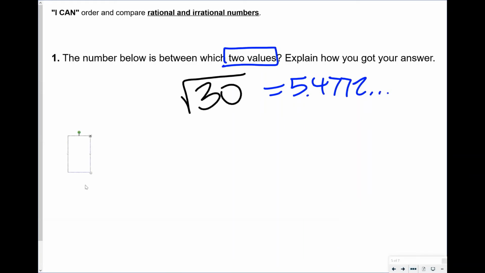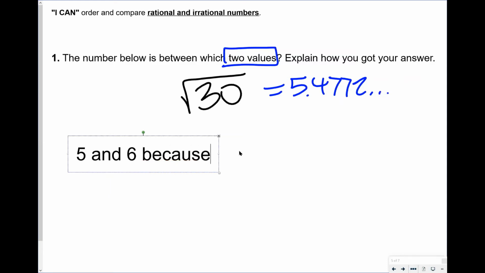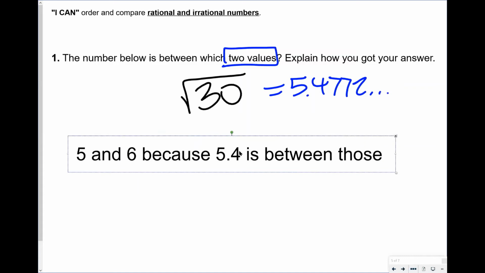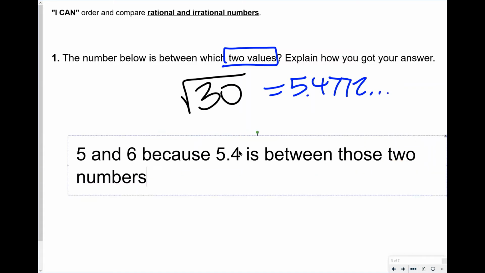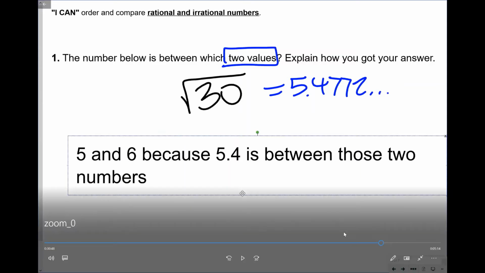So it is between, since the square root of 30 is 5.47, it obviously has to be between the numbers 5 and 6, because 5.4, as we have up here, is between those two numbers. It would not be in any other two numbers.